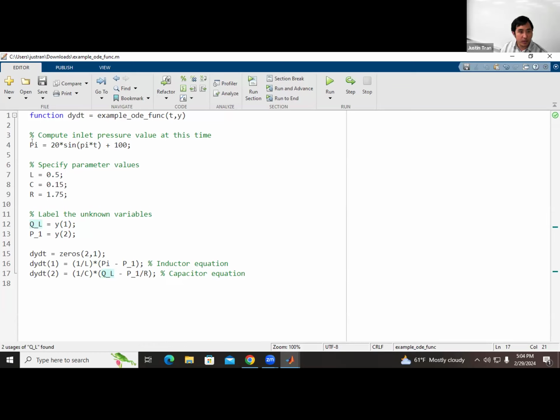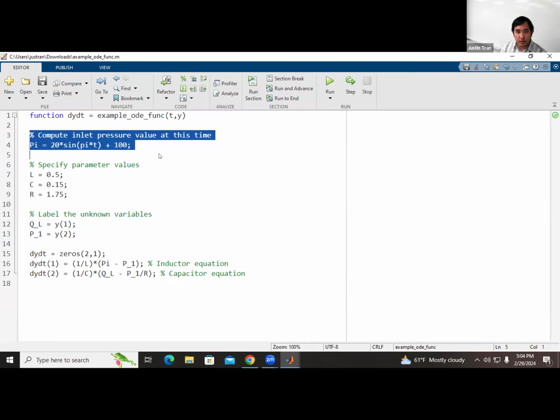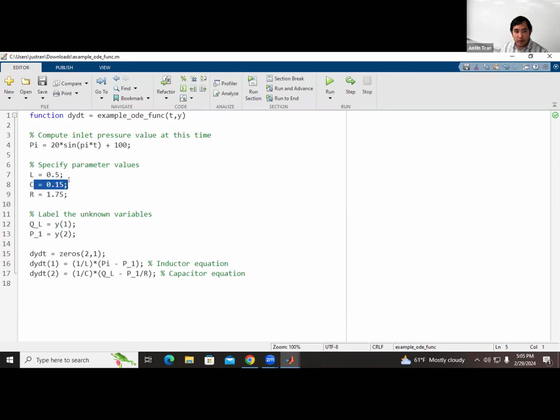The rest of the code just defines what those values are. We have Pi equal to our inlet function, 20 times sine pi t plus 100. Here we specify the parameter values: the value of the inductance, the value of the capacitance, and the value of the resistance. Here I just label the values.